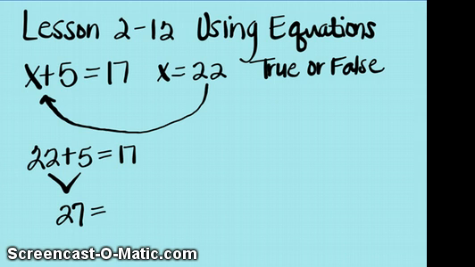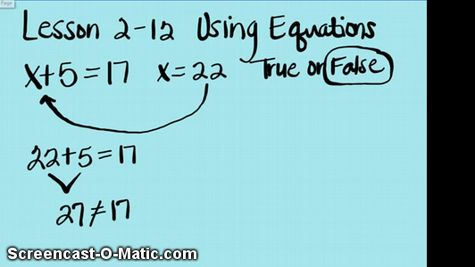And I bring down the other side of my problem, and I'm going to see that that is 17. Both sides would need to be the same in order for this statement to be true. So since 27 does not equal 17, my statement is false.